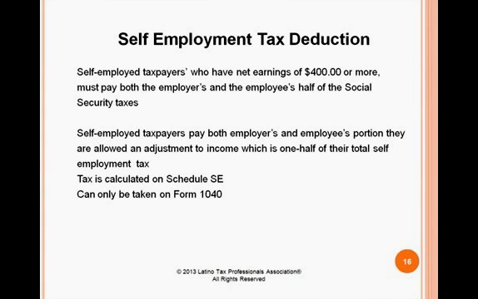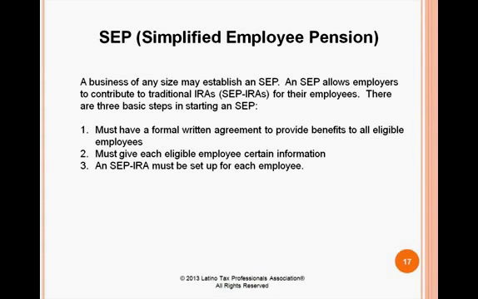It gives them a little bit of a break because they have to pay both, unlike W-2 employees. Now, the tax is calculated on the Schedule SE, so you must submit Schedule SE. There it's calculated, and then you take that amount and put it on the appropriate line of the 1040. And you can only take it with the long form 1040.